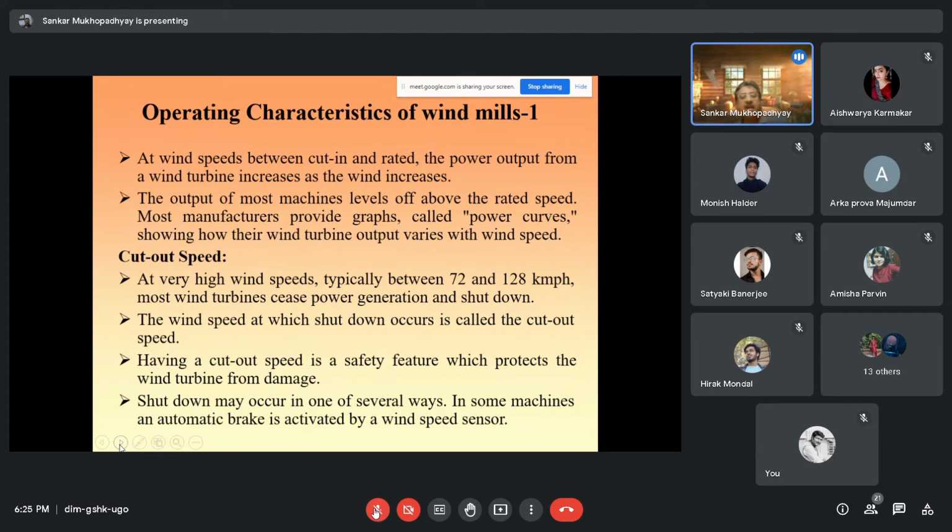The wind speed at which shutdown occurs is called the cutout speed. Having a cutout speed is a safety feature which protects the wind turbine from damage. Shutdown may occur in one of several ways. In some machines, an automatic brake is activated by a wind speed sensor.